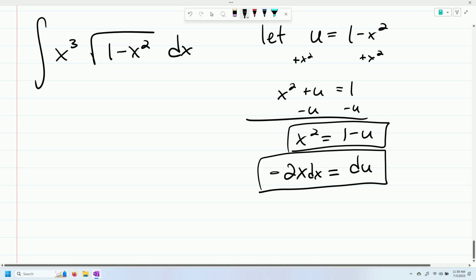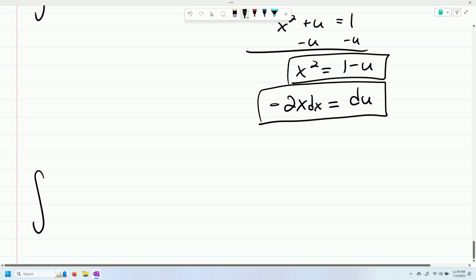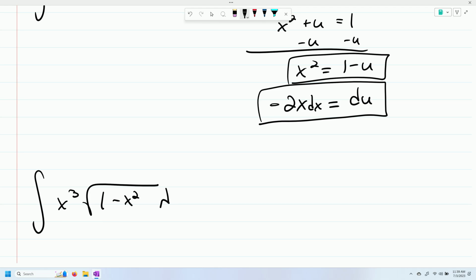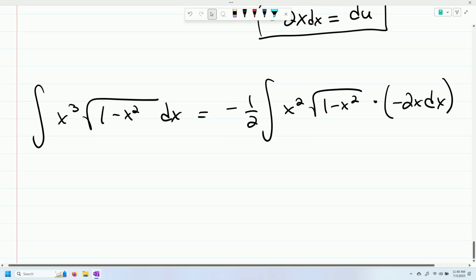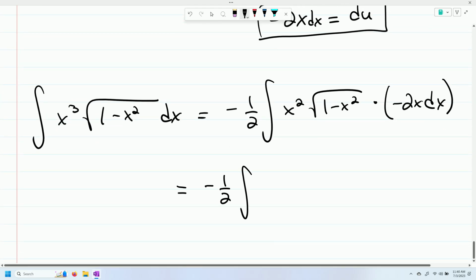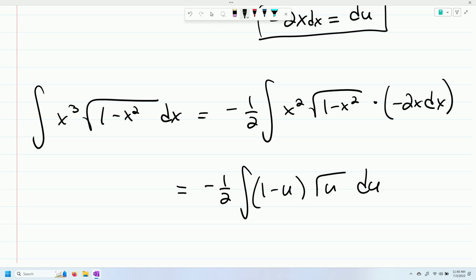And when I go ahead and make that substitution, I get the integral of x cubed times the square root of 1 minus x squared dx is equal to negative 1/2 times the integral of x squared times 1 minus x squared times negative 2x dx. And then making our final substitution, you end up getting negative 1/2 times the integral of 1 minus u times the square root of u du.